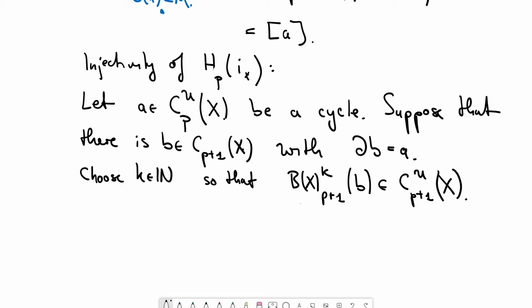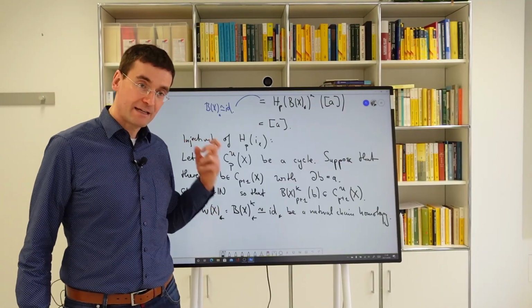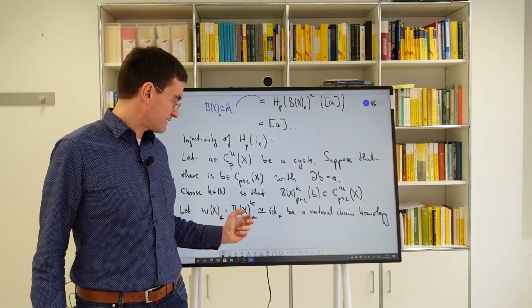What we need is to have, unlike before, a more explicit look at the chain homotopy. So let W star X be the chain homotopy not of B_X star but of the k-fold composition. So what am I doing here? So we have shown that there's a natural chain homotopy of B_X star to the identity.